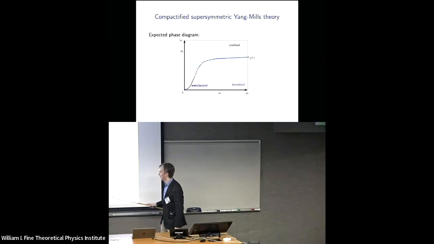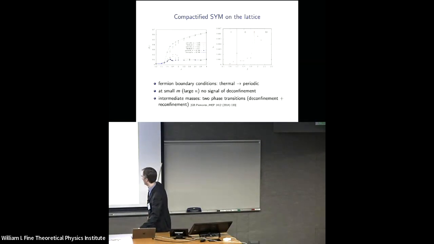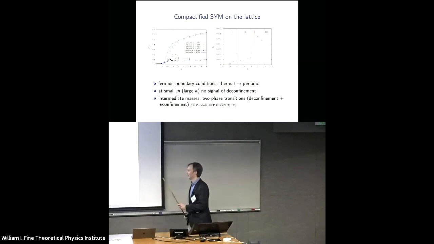And if you increase the mass, then at a certain point some even calculable phase transition is expected. Then this should connect to the Yang-Mills theory transition, of course, for infinite mass. This can be investigated on the lattice.